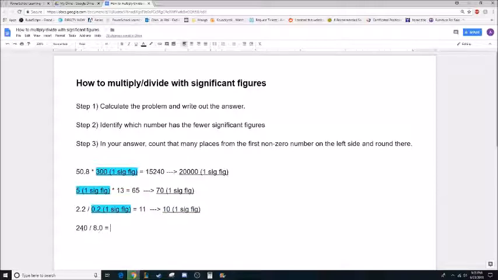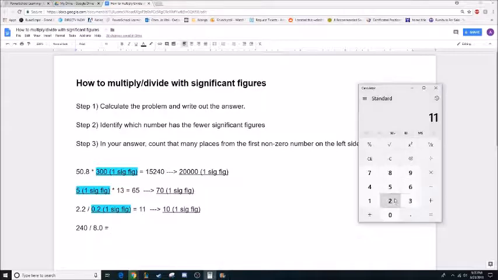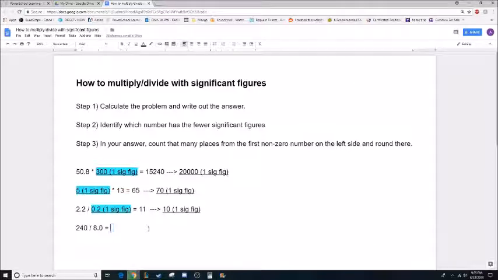Okay, moving on to the last problem. We're going to calculate the problem again. 240 divided by 8. We're going to get 30. And let's see, this one has 2 significant figures. This one also has 2 significant figures. Notice how my answer right now only has 1 significant figure.